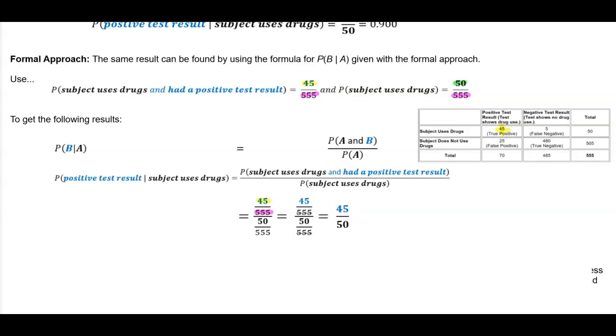And then we have the total of subject drugs, which is 50, divided by that 555. Now, if you notice, that 555 can be simplified, meaning that you have a fraction over a fraction, so that 555 is going to be simplified to 1. So then what's left is 45 over 50.